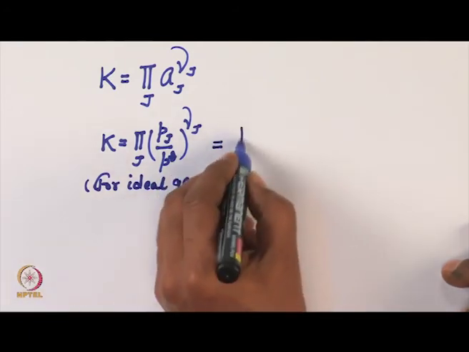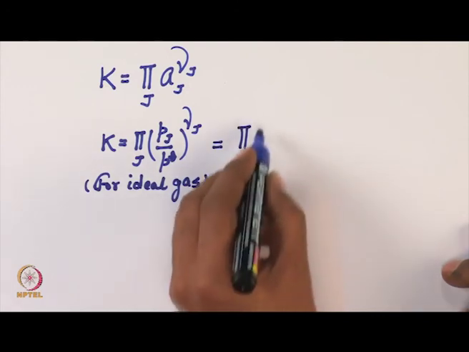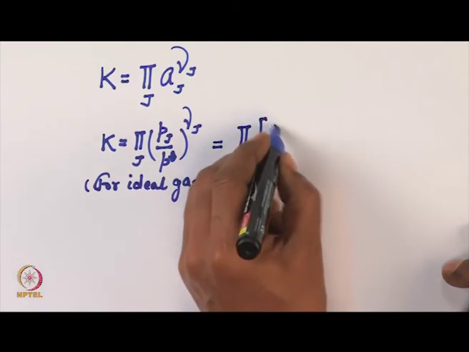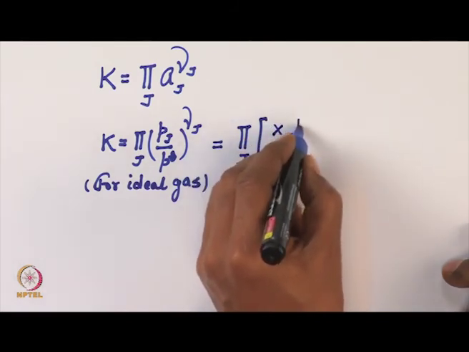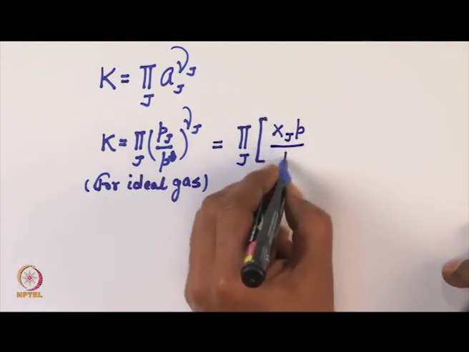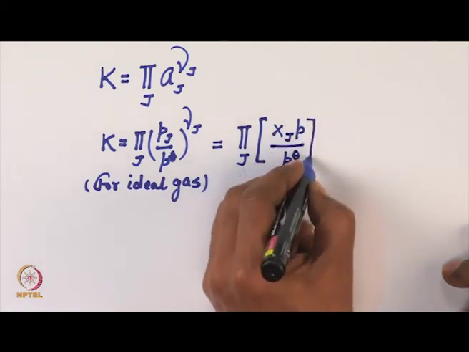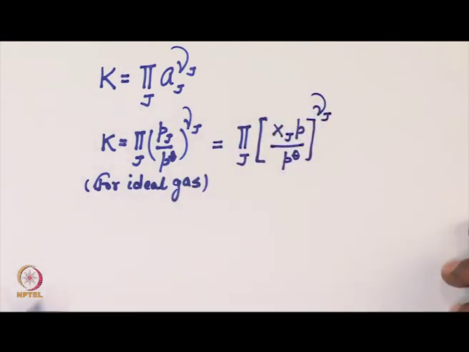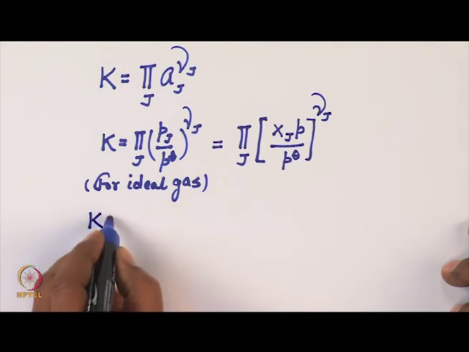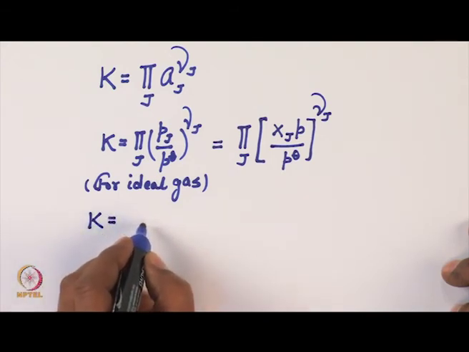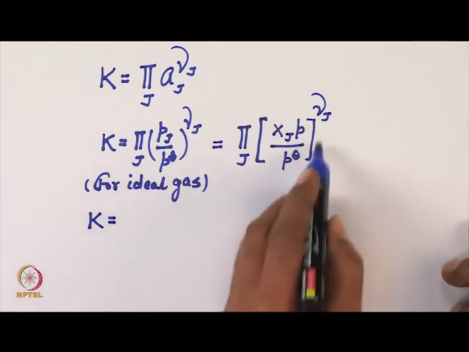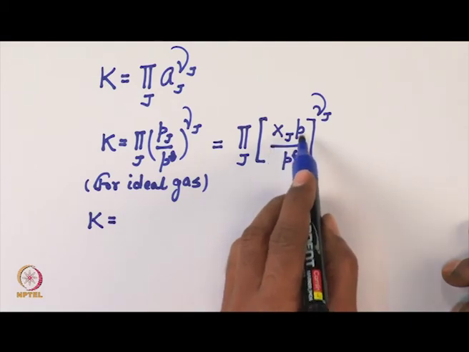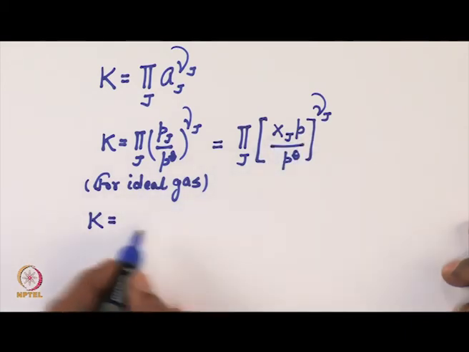And as I just discussed, instead of partial pressure, let me write mole fraction of J into total pressure by P naught raised to the power nu j. Now when I expand this, I will expand separately for mole fraction and separately for P by P naught.